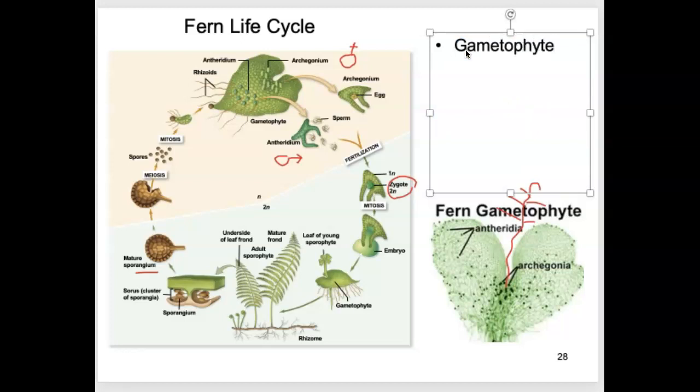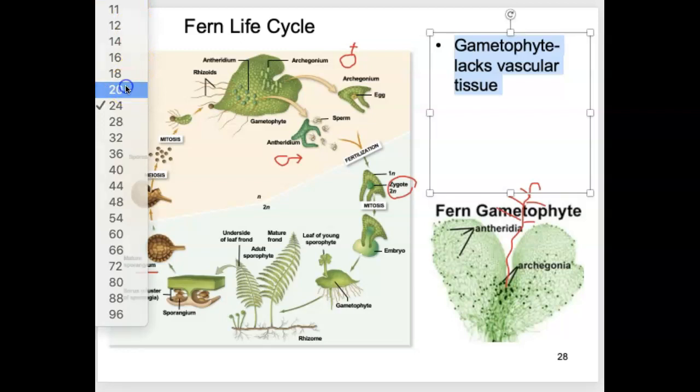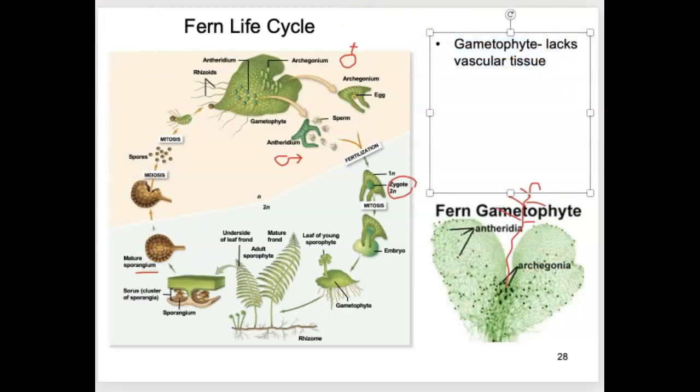So the gametophyte lacks vascular tissue. It is going to develop from the spores. So again, this just grows and develops, and it produces the archegonia and antheridia.